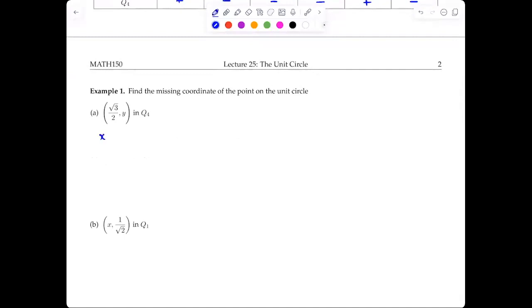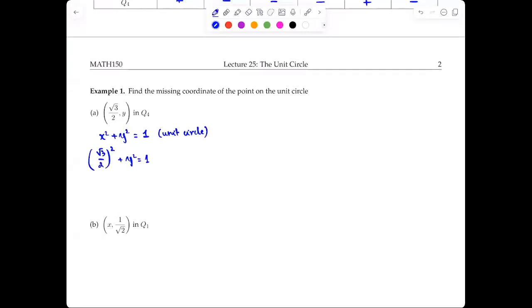So you start with the equation of the unit circle, x squared plus y squared equals 1. You know the value of x, so substitute that into the equation. So you get root 3 over 2 squared plus y squared equals 1.